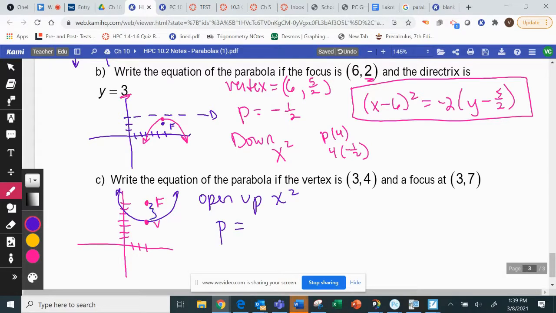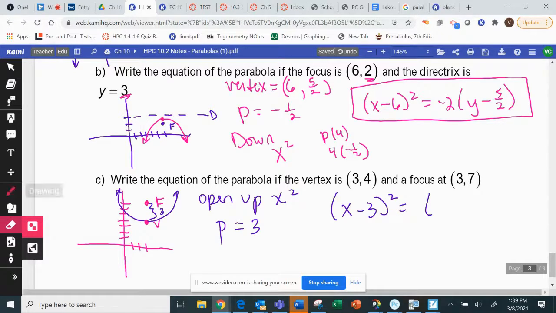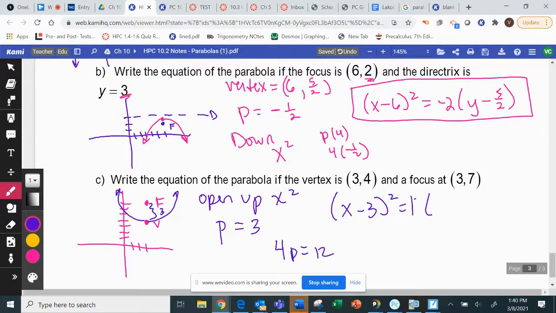P-value is how far the focus is from the vertex, which is 3. And they already gave me the vertex. So x minus 3 squared equals 3 times, nope, not 3. What'd I do wrong there? Who's paying attention? Yeah, that has to be 4p. So 12, and then y minus 4.